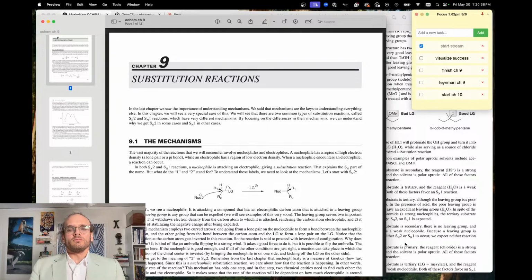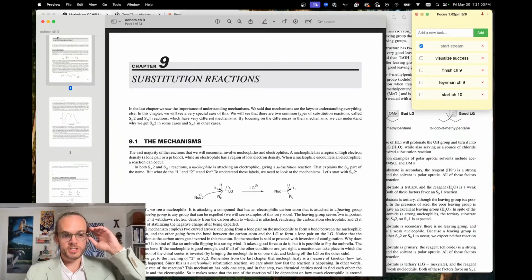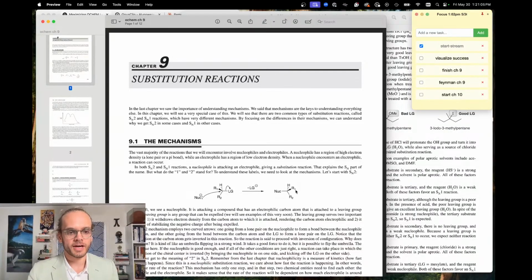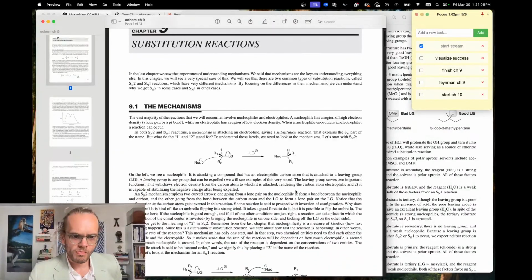Hold for 2. Exhale for 7. All right, there goes my minute of visualization. I'm ready. SN1 and SN2 reactions are going to make sense.